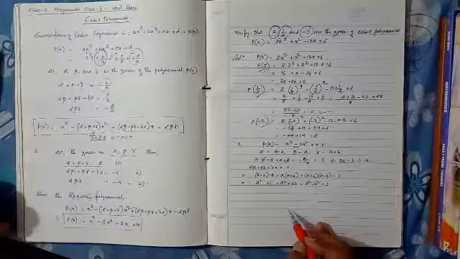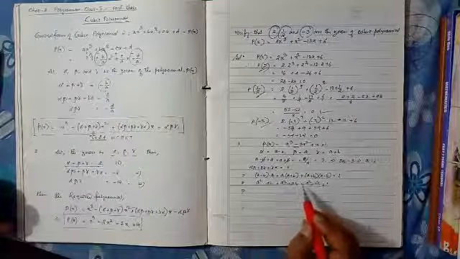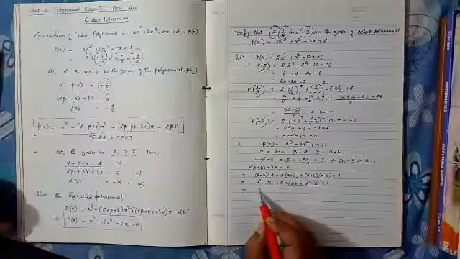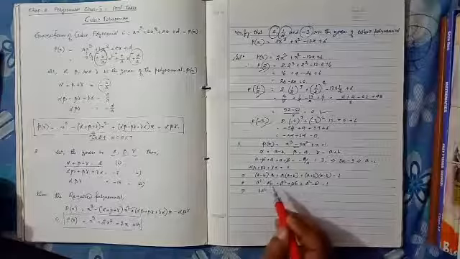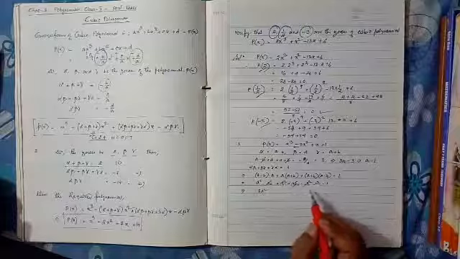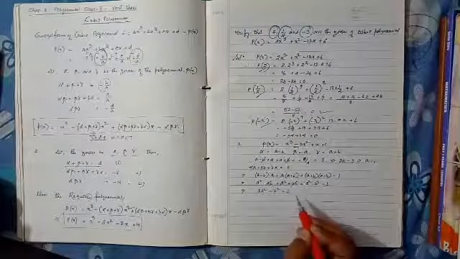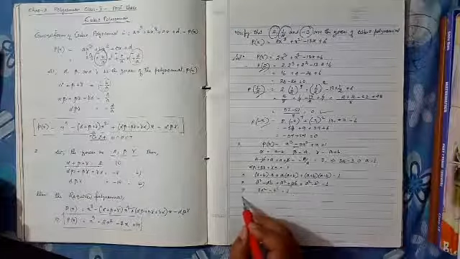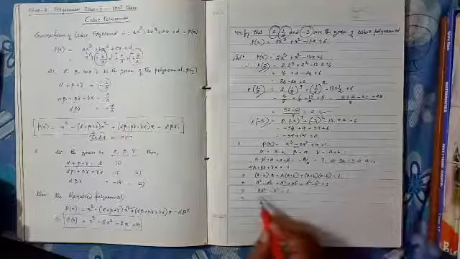So what we have? a square plus a square plus a square, 3a square, plus ab minus ab cancels, and then minus b square is equal to 1. Then we have a is equal to 1, so a square is equal to 1.